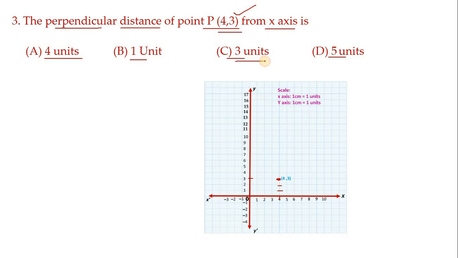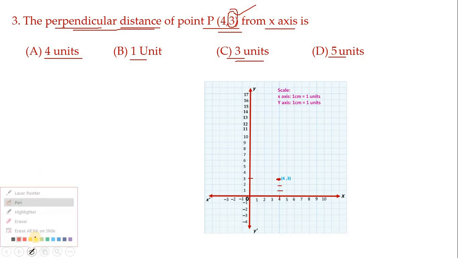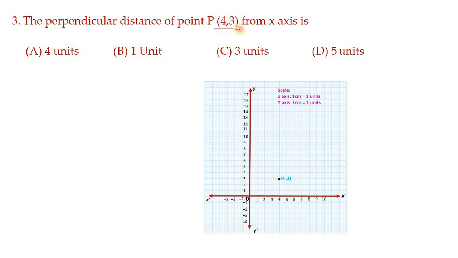See, I wanted to tell you one very important thing. Whenever they ask for the perpendicular distance from the x-axis, you have to write the y value in the given coordinate. So just look at the problem. In the given coordinate, the y value is 3. Hence, it will be 3 units distance from the x-axis.